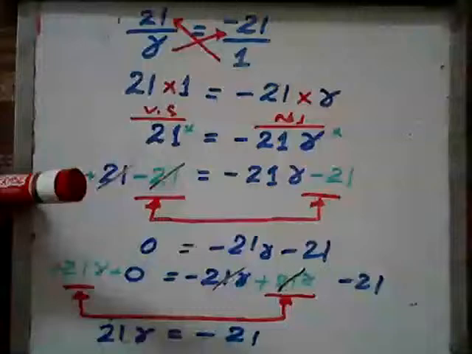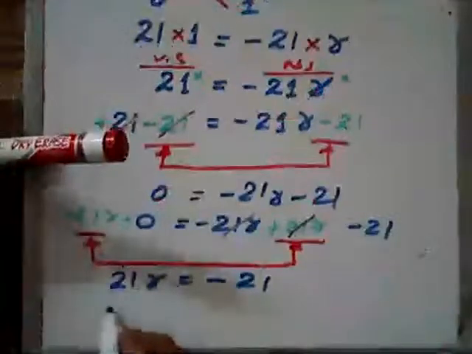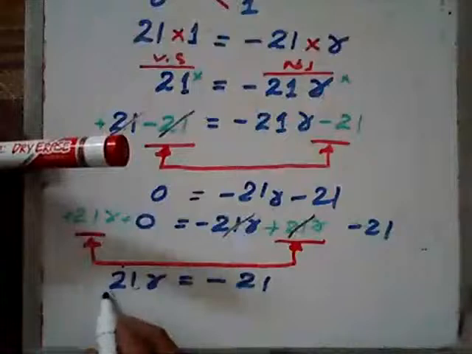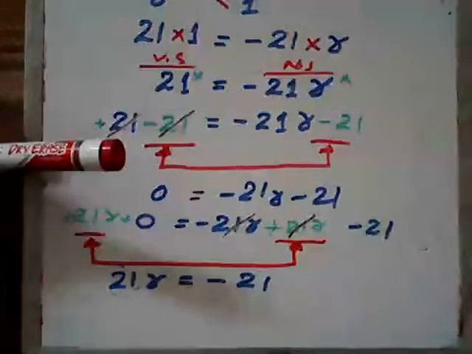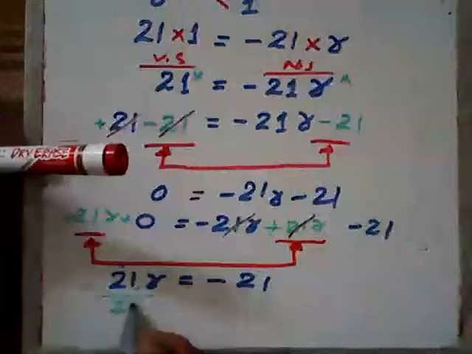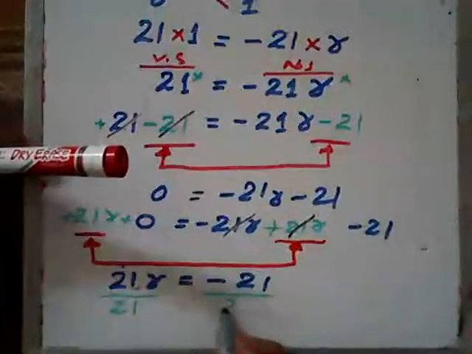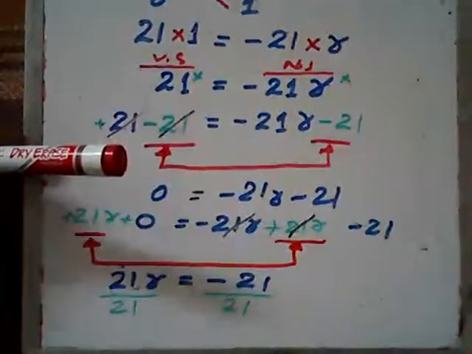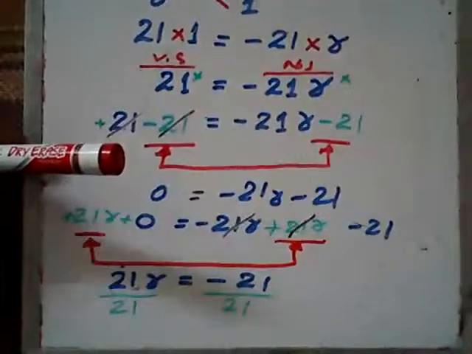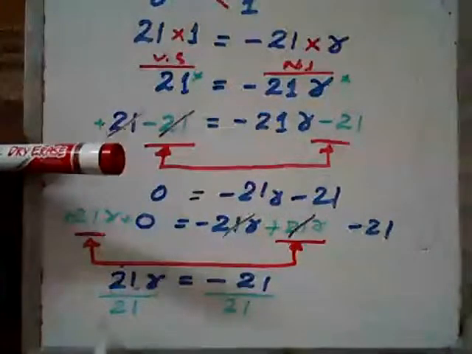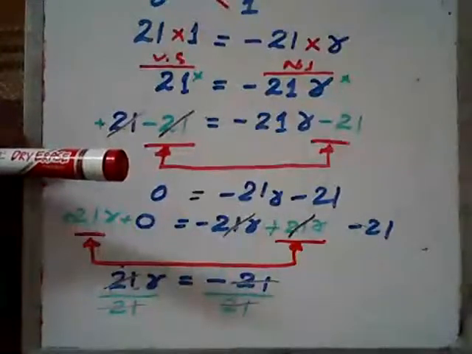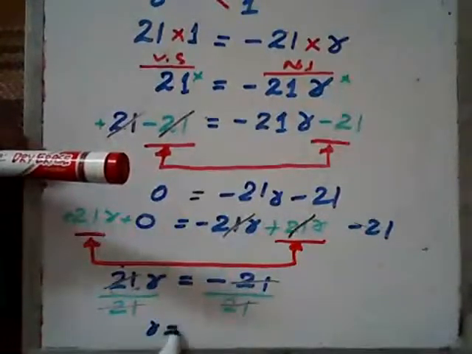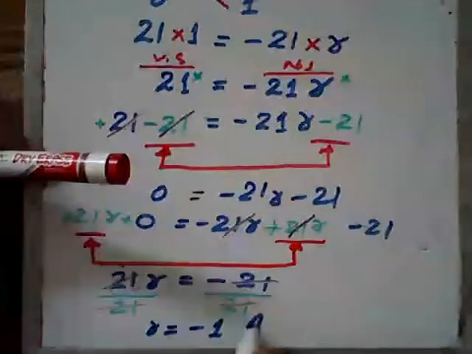So what to do? We'll be dividing minus 21 by the same number, so we write 21 and divide by 21. This cancels, and this also cancels, so it gives us r is equal to minus 1. So this is your answer.